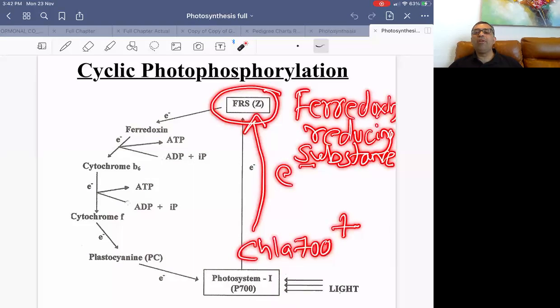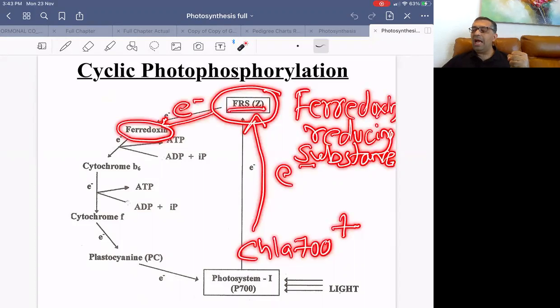From ferredoxine reducing substance, the electron will go to ferredoxine. So ferredoxine will accept electron. What is accepting electron called as? Reduction. So ferredoxine reducing substance will give away the electron and reduce ferredoxine. So it is rightly called as ferredoxine reducing substance.